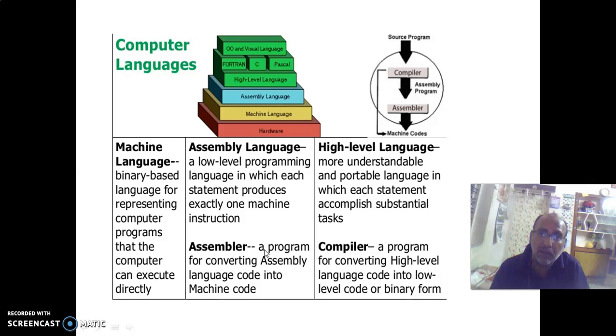That means the computer can understand only zeros and ones. When you write a program in high level language or assembly level language, these two have to be converted to machine language.